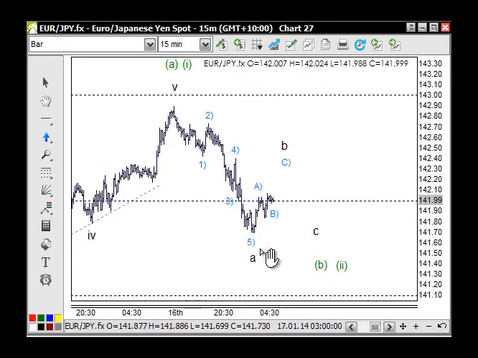So what we need to do is see more confirmation of a little 5-wave structure up through here. This is not as good as the pound yen, so just be a little bit careful here. There's no point in trading both of them because it's just the exposure for both of them. So I'd go with the pound yen more so than the euro yen at this stage.